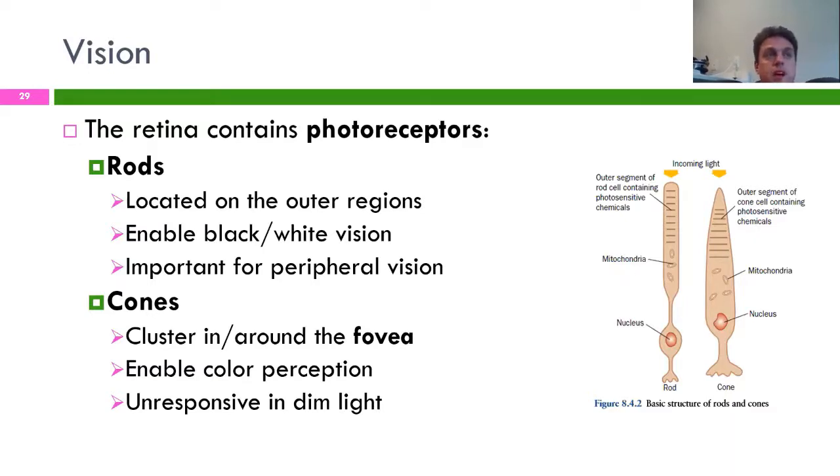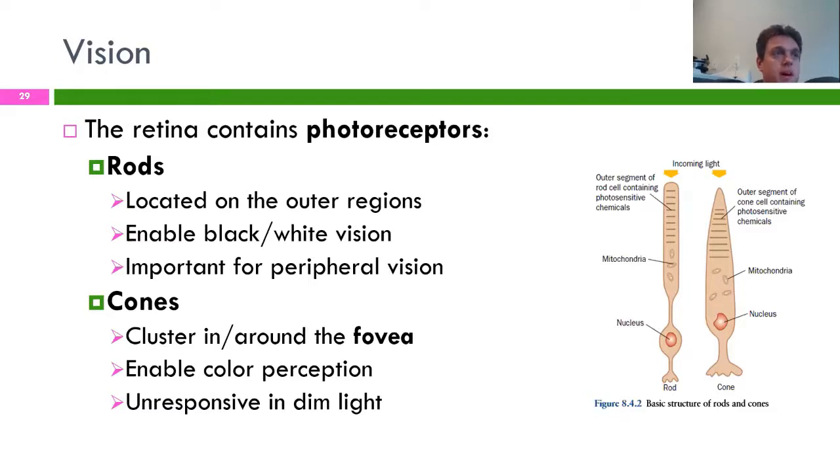So if you're looking for something in a fairly dark scenario, say you're looking out into a forest, you're better able to perceive it if it's in your peripheral vision when darkness is the issue. That's because, again, the rods are more involved in peripheral vision. The cones are more central vision.